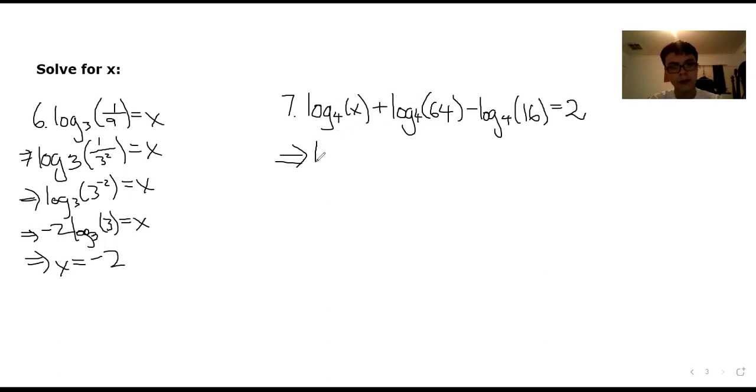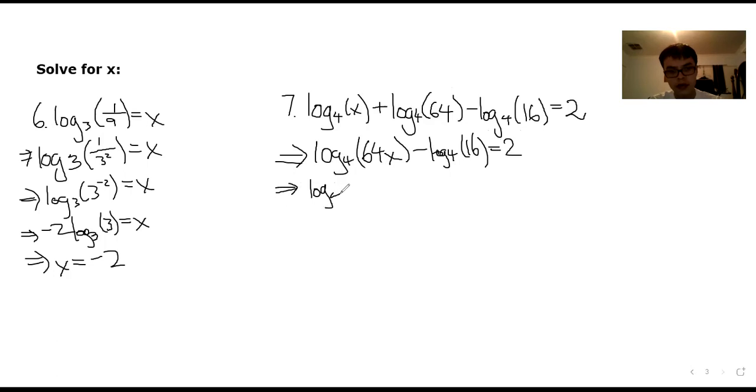So we have log with base 4, and then brackets 64 times x, and then minus log base 4 16 equals 2. And now we can subtract the two logarithmic numbers. Since we've already added those two numbers together, now we can do the subtracting.